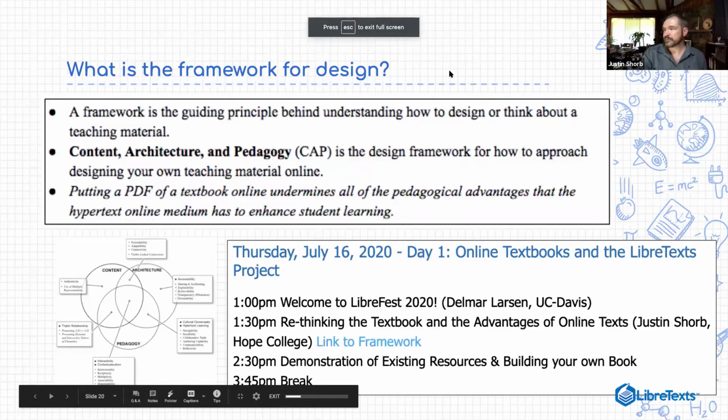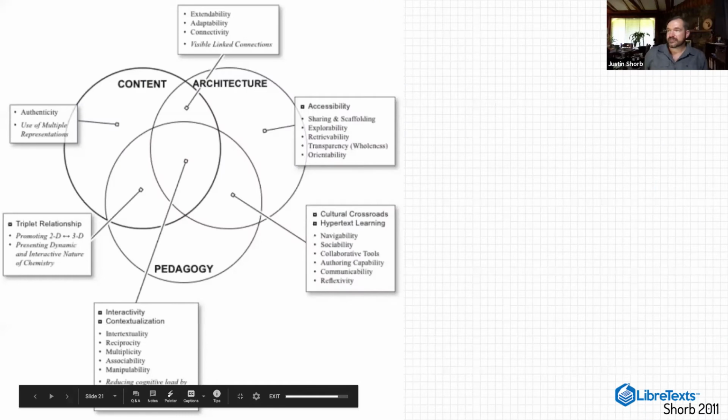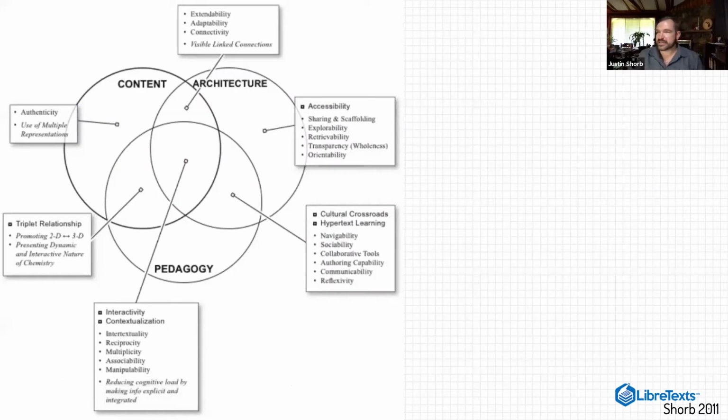Okay, so the content, architecture, and pedagogy really focuses on the overlap of different things to think about when you're trying to design for online learning. Content is biology or chemistry or your psychology 100 class. Whatever the content is for that material that you're thinking about has some sort of structure by itself.